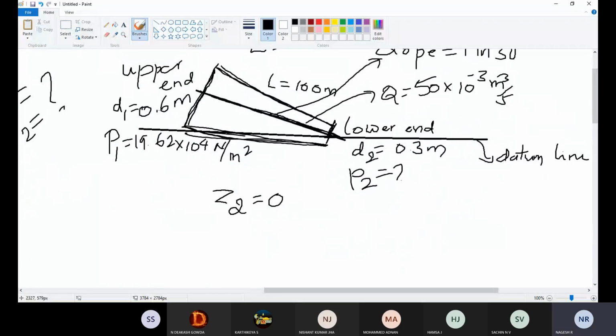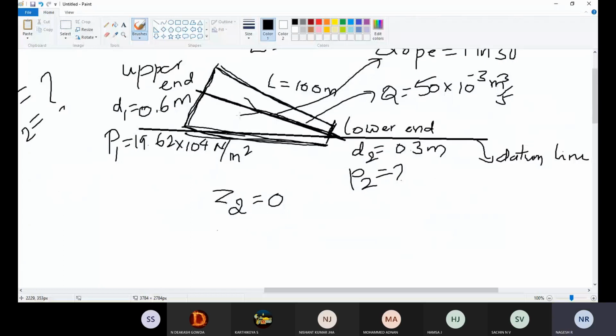The slope is taking place in the downward direction, so for the lower part I will consider Z2 equal to 0. It depends upon the direction of flow; we consider the Z term accordingly. So I have considered Z2 equal to 0. Then I can find Z1 with respect to the slope.